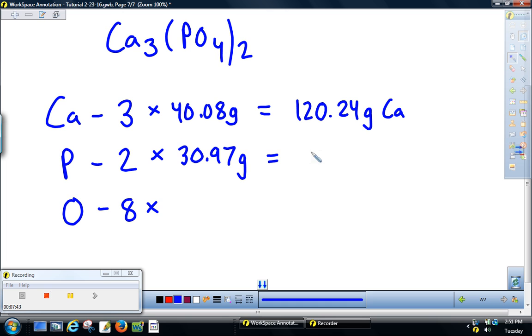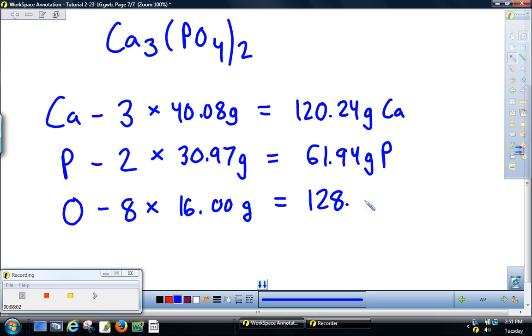So that would give us 61.94 grams for 2 phosphorus, and then 16.00 grams for oxygen times 8. So we have 32, 64, 128 grams of oxygen.